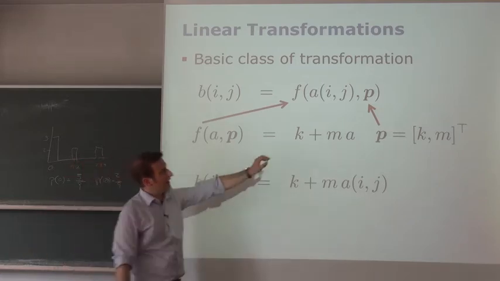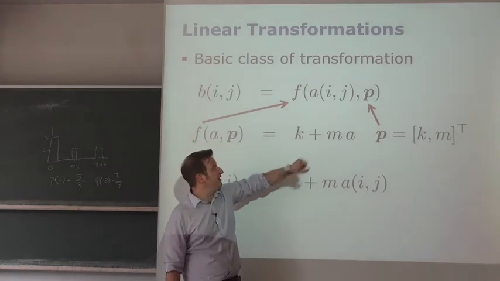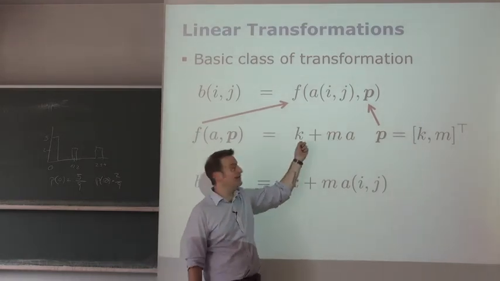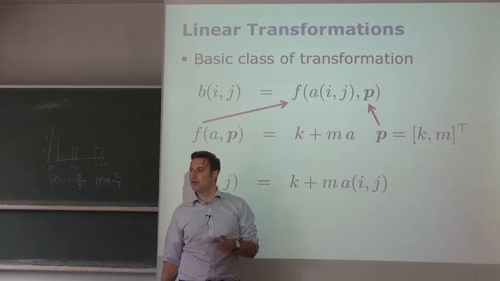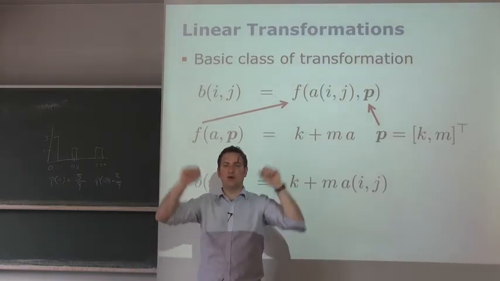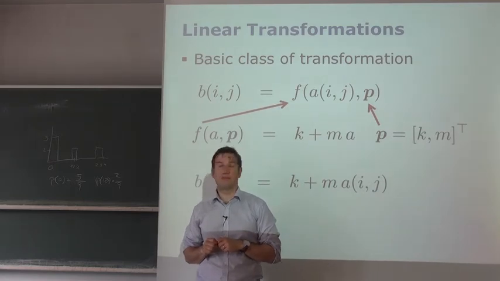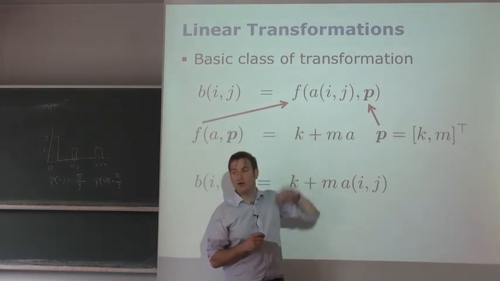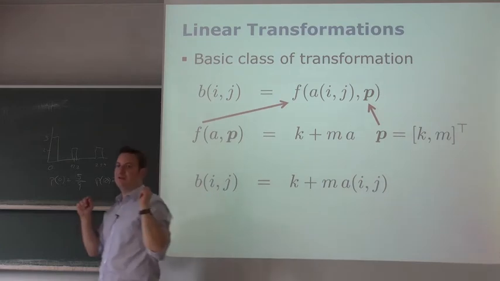Let's take a simple example. I have my input image, and let's say m equals 1 and k equals 1. That means I transform the image and add 1 to every intensity value. The only thing I do is increase every intensity value by 1.